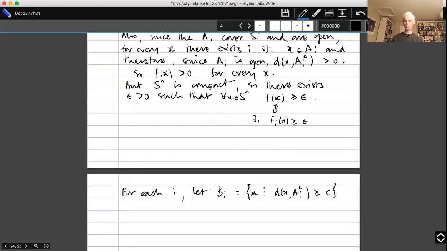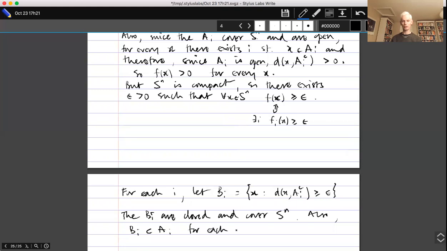So for every x there is some i such that the distance from x to A_i complement is greater than or equal to epsilon, which is the same as saying that the B_i's cover. So the B_i are closed and cover Sn. Also, B_i is contained in A_i for each i. Why is that? That's just because if x doesn't belong to A_i, then its distance to A_i complement equals 0, so it can't possibly belong to B_i.